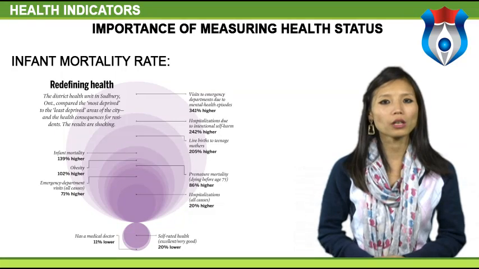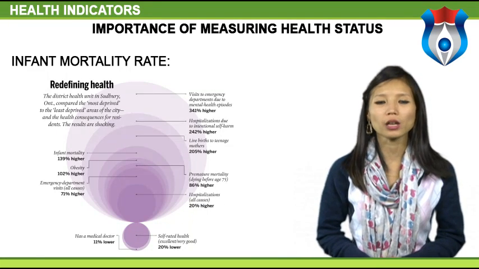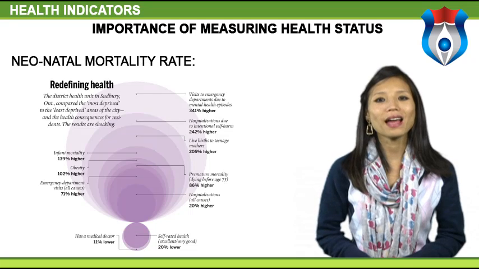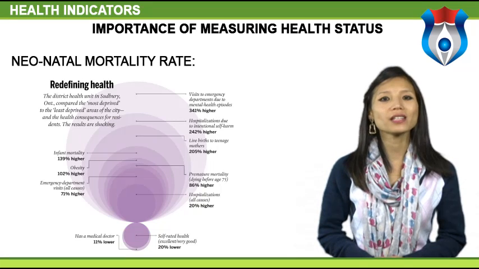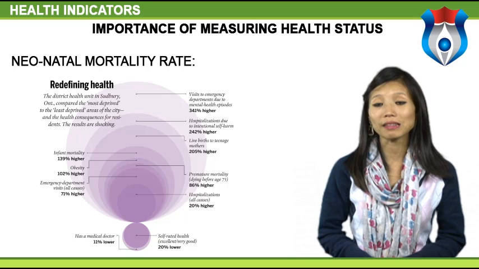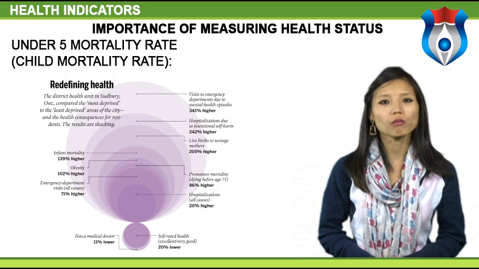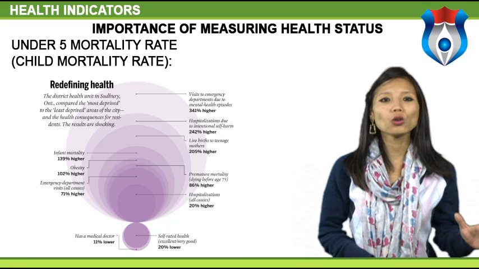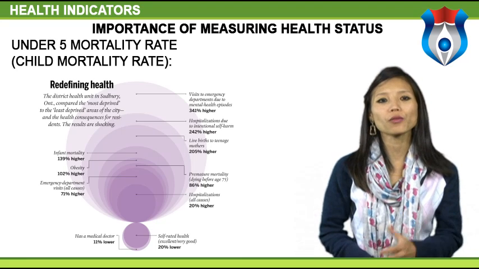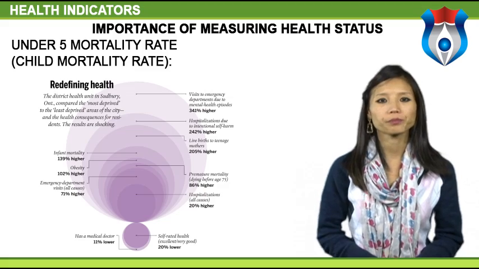Infant mortality rate: the number of deaths of infants under age 1 per 1,000 live births in a given year. Neonatal mortality rate: the number of deaths to infants under 28 days of age in a given year per 1,000 live births in that year. Under 5 mortality rate, or child mortality rate: the probability that a newborn baby will die before reaching age 5, expressed as a number per 1,000 live births.